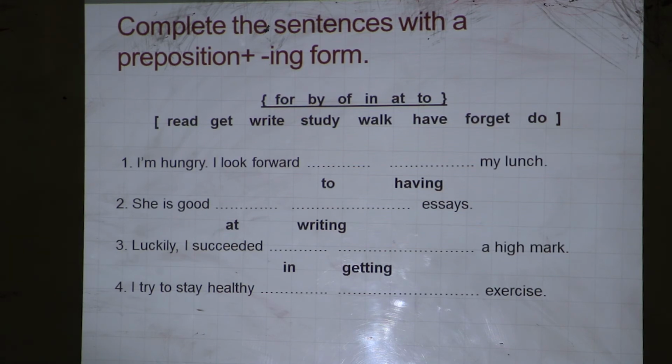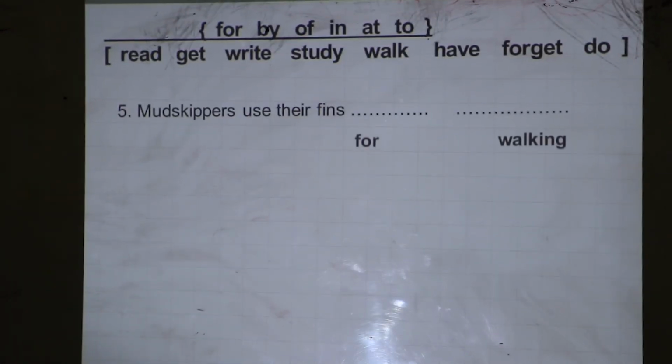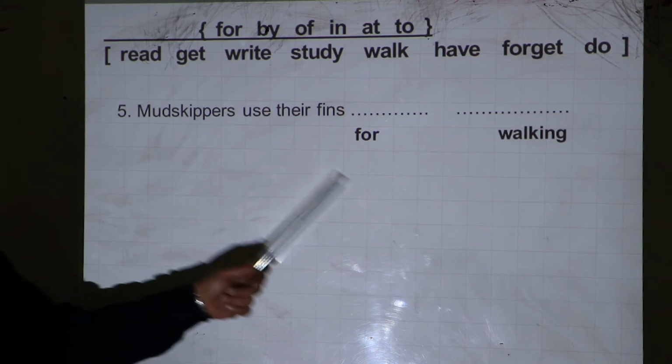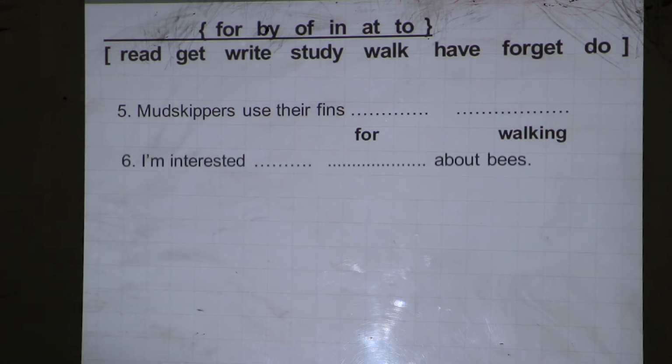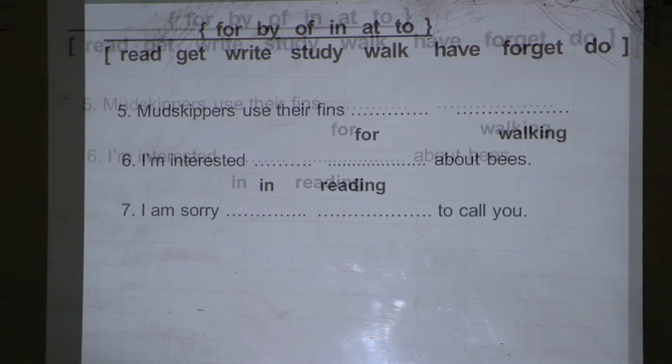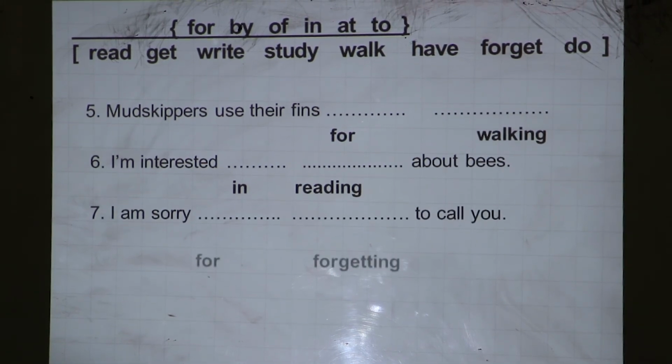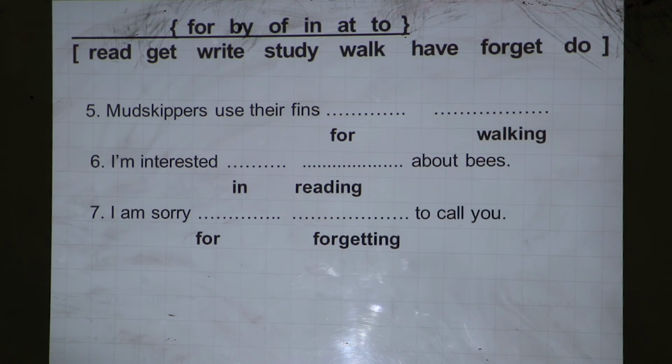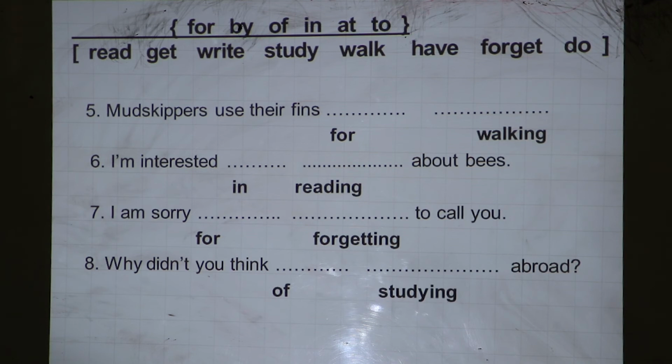Number 4, I try to stay healthy by doing exercise. Number 5, mudskippers use their fins, yes, for walking. And number 6, I am interested, yes, in reading about peace. Let's have a look at the answers. Number 8, why didn't you think of studying abroad?